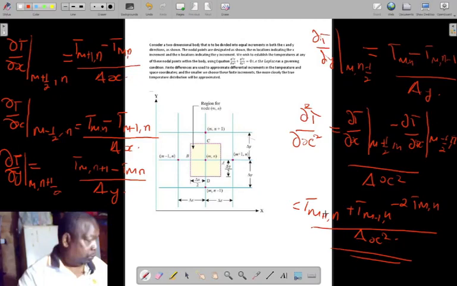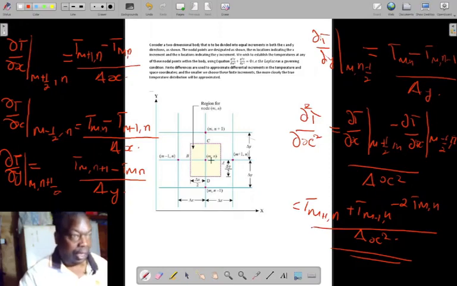In the equation that we derived, f(i+1) minus 2f(i) plus f(i-1).